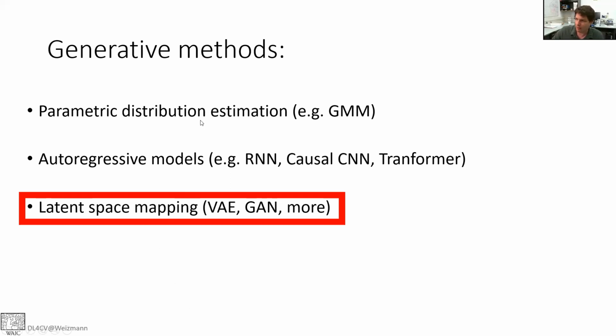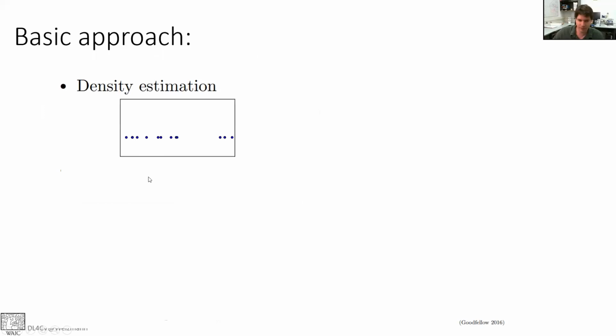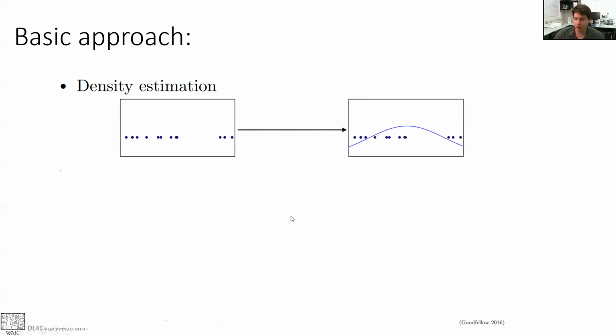I'm going to very briefly talk about the first approach, density estimation. The way this works is, let's say I have instances of data. So what I can do is somehow estimate a parametric distribution. In this case, it looks like a Gaussian.